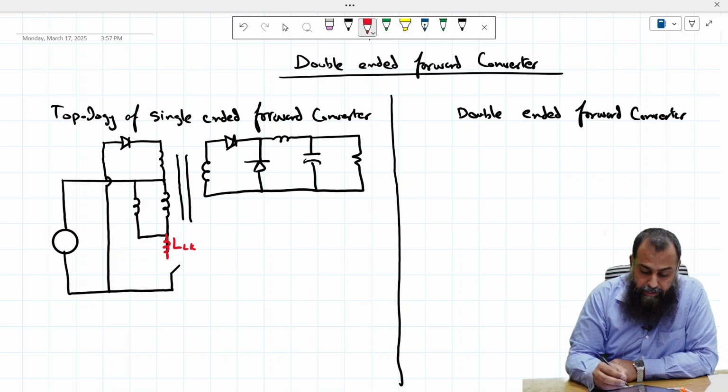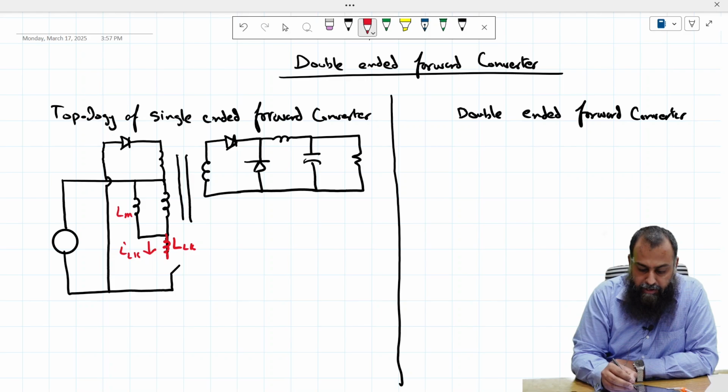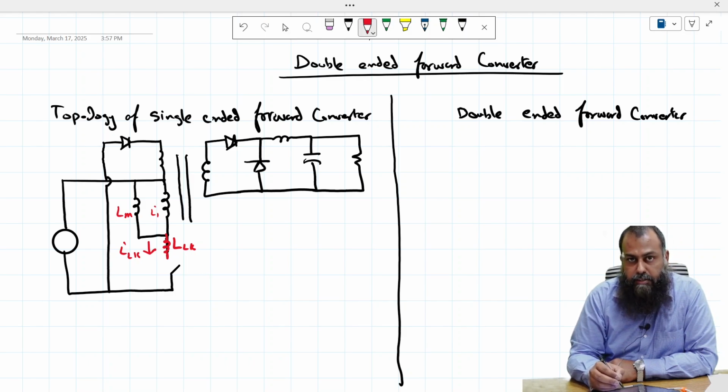So the problem here is that there is some current flowing here, and this current is the ILK, and this is the same current that is flowing through this magnetizing inductance LM and the primary winding current I1, and this actually goes through this leakage inductance which is present in the primary side, or which is referred onto the primary side.